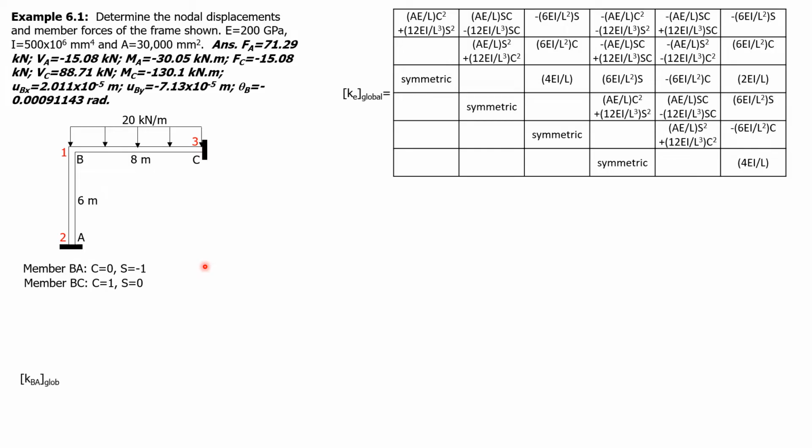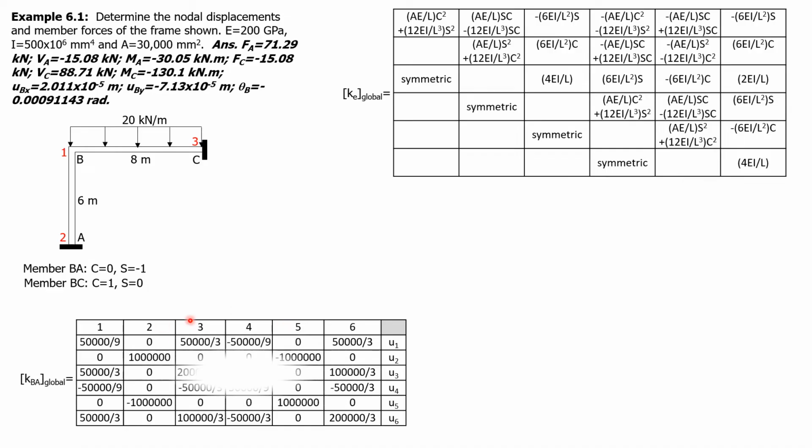So let's check. K BA global is numbered 1 to 6, so U1 up to 6 also. For member BA, you evaluate 12 times EI, by the way, I incorporated EI here. So EI is 200 times 200,000 times 500 times 10 to the 6 divided by 1,000 cubed.